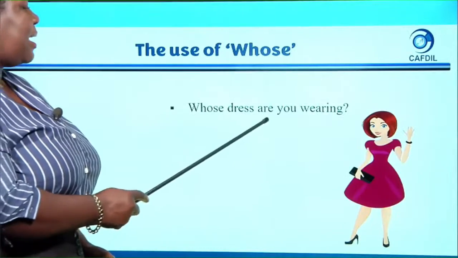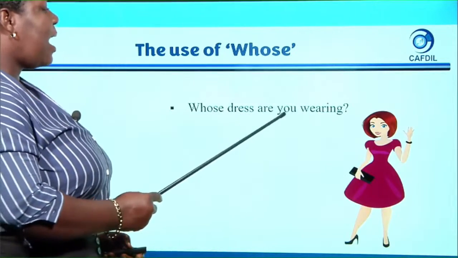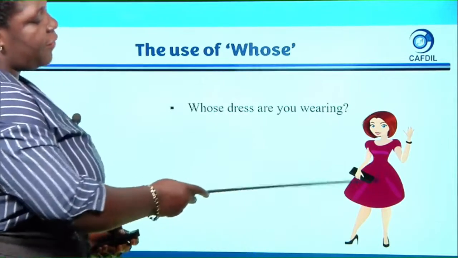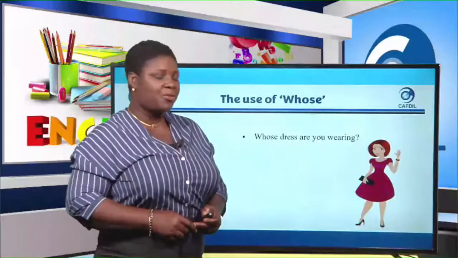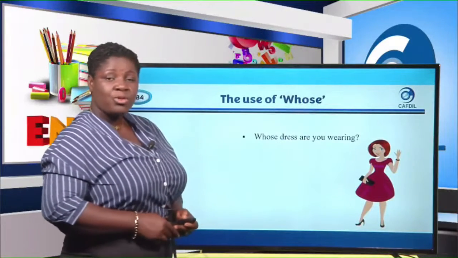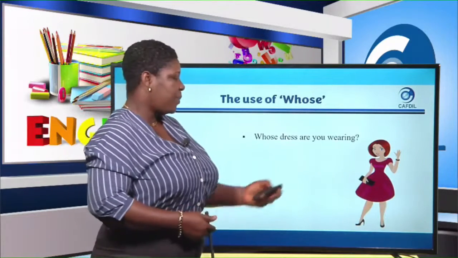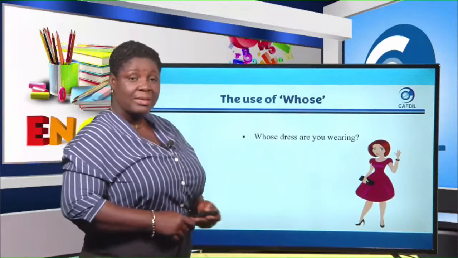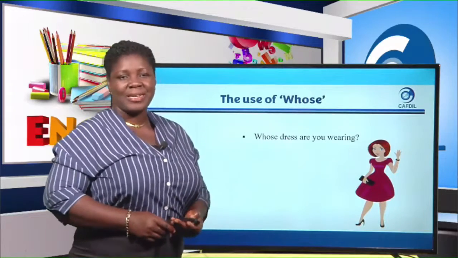Whose dress are you wearing? There's a very beautiful lady there with a beautiful pink dress. We want to know whose dress she is wearing. Maybe the dress isn't hers. We want to know the owner of the dress, whether it is for her or for somebody.